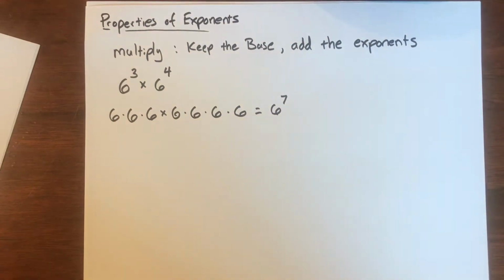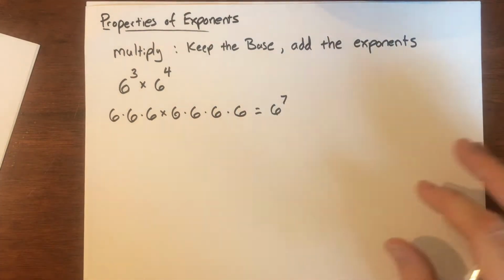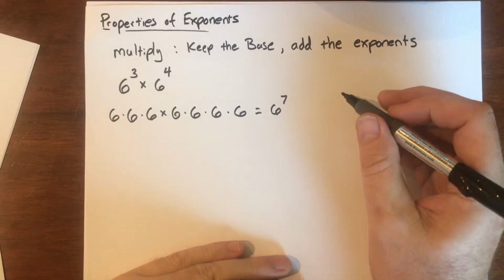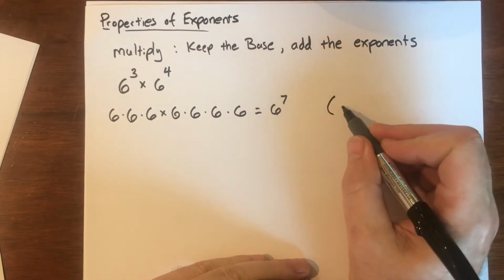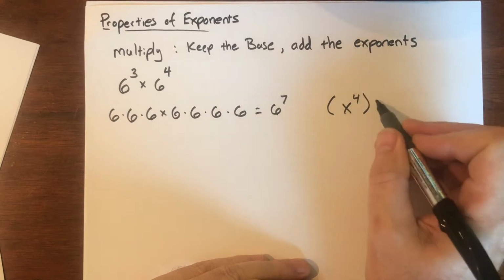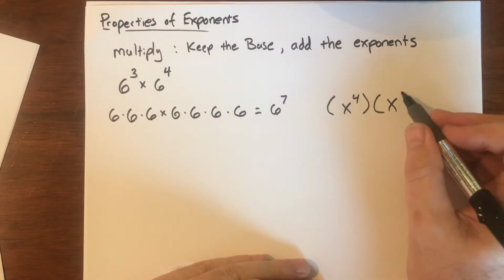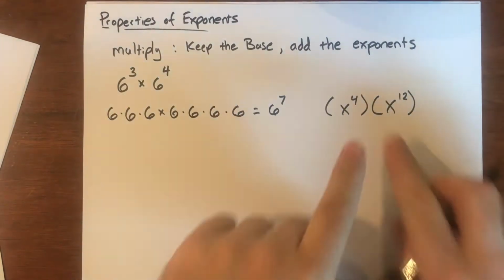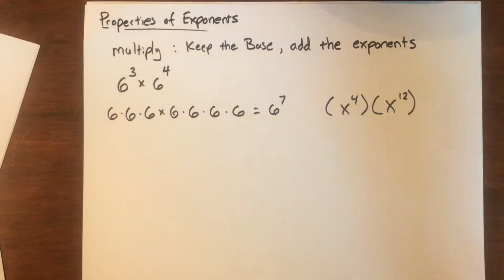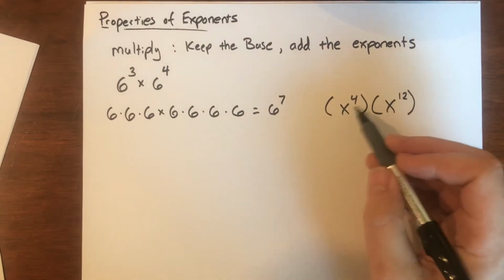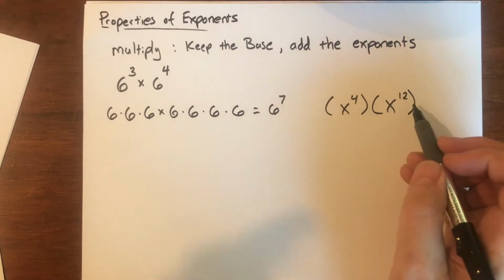Now, of course, it's not always going to look quite as simple as this. For one thing, we put them in parentheses. Let's do x to the 4th times x to the 12th, right? Same basic thing. Instead of doing a multiplication symbol, a dot, or an x, we put them in parentheses, and you know that things next to each other in parentheses are going to get multiplied.